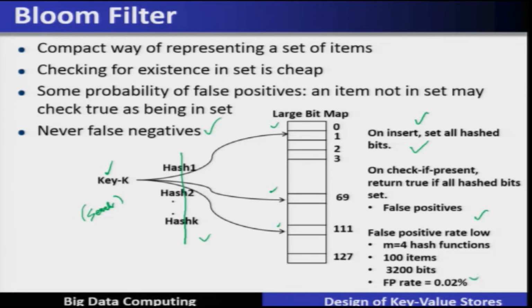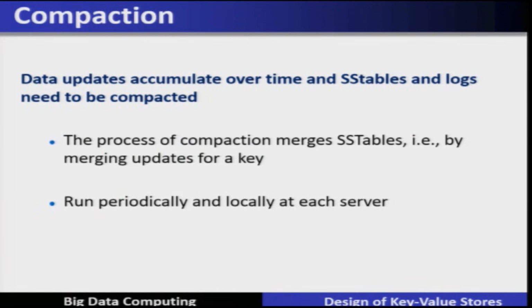If we look at the performance of this Bloom filter, the false positive rate is very low, that is 0.02 percent, which is very rare. So, it will search with high efficiency, and with high probability it gives a correct answer.